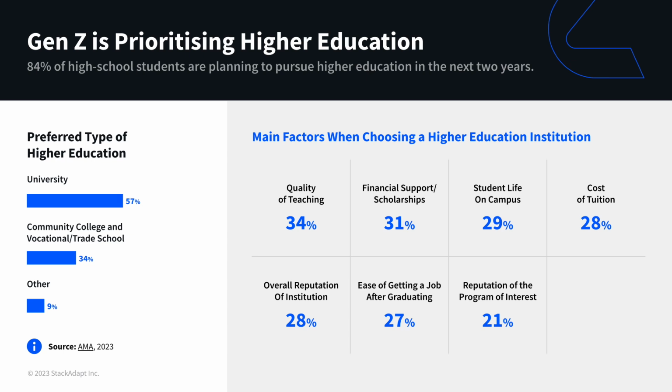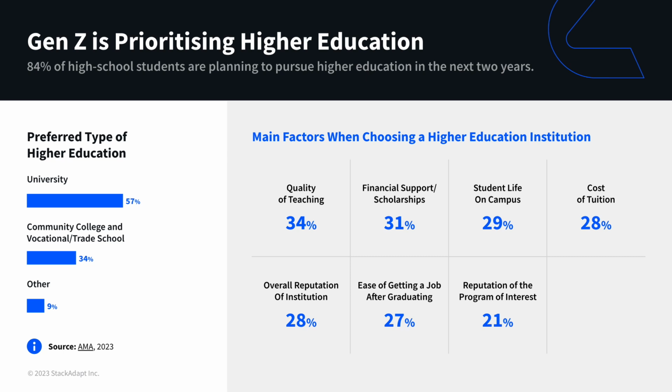And also we know that Gen Z are prioritizing higher education, and they're really interested in life as a student on campus and also life after they graduate. So these factors are really important when considering your tone of voice within your creatives.